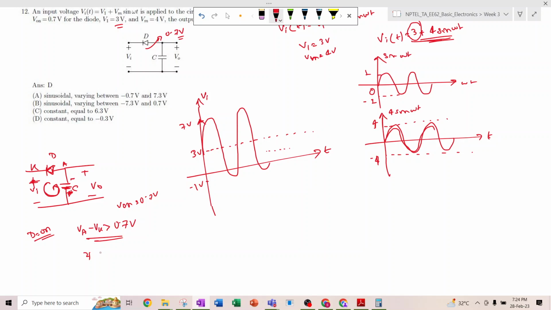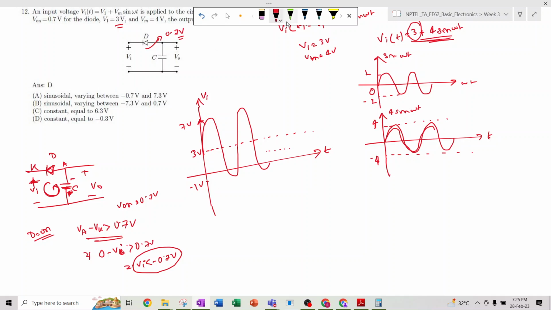Initially the anode is 0 because no current is flowing, minus VK. VK is nothing but the voltage across the cathode, that is Vi. So we can replace VK by Vi: minus Vi is greater than 0.7 volt. That means Vi should be less than minus 0.7 volt. So whenever Vi, the voltage across the input terminal, is less than minus 0.7 volt, then only the diode starts conducting.